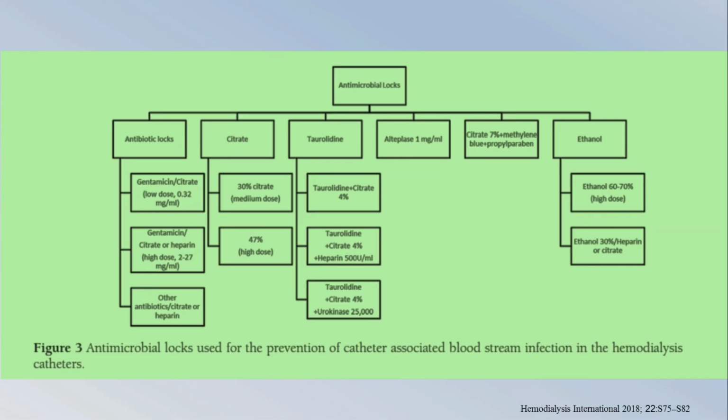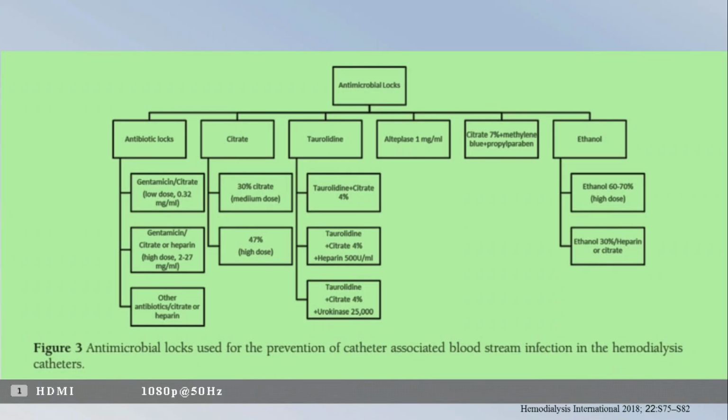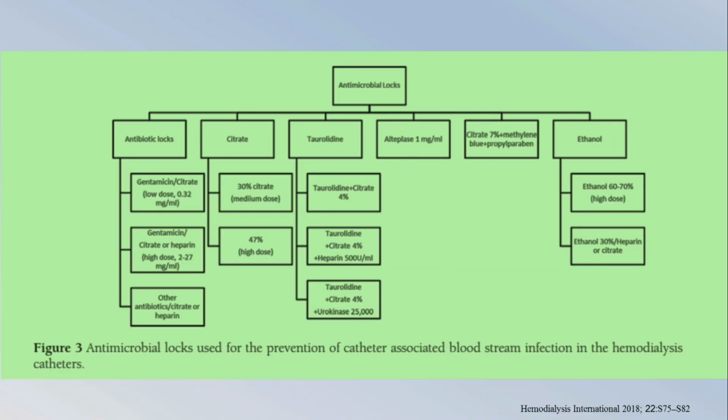If you want to reduce infections by using citrate locks, then you need to go to a high concentration. 30% or 47% is available. So you can use that, and we use it sometimes. But again, toxicity. If a certain part of the citrate goes in, then what is going to happen? It causes hypocalcemia. It can cause tingling, numbness, and things like that. So patients can become very uncomfortable. So you have to be very careful while using that.